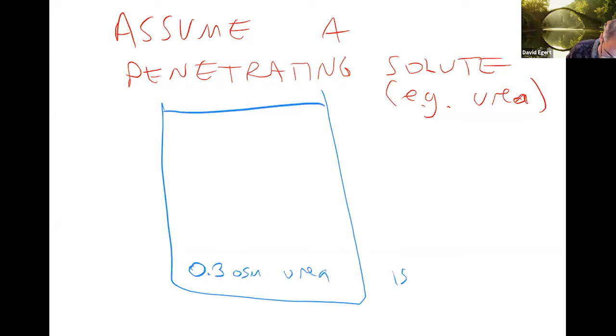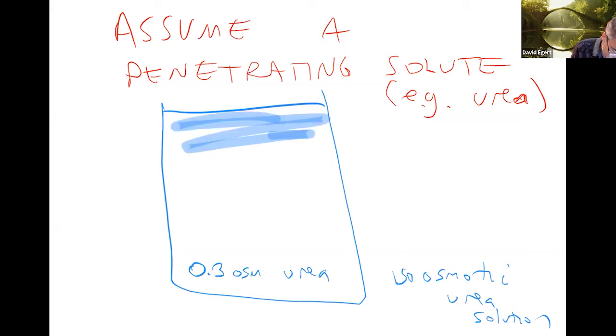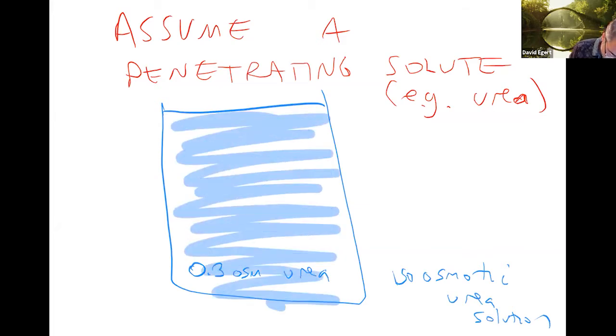So this is an isoosmotic urea solution. I'll make the ureas little yellow things. Urea is a little nitrogenous thing that's from the breakdown of amino acids and stuff.